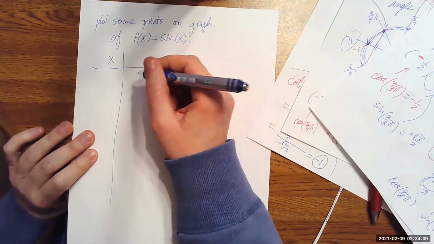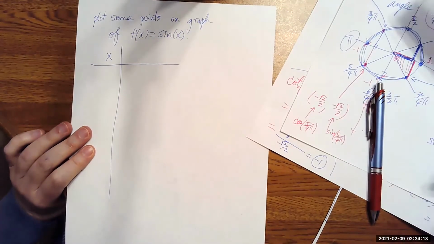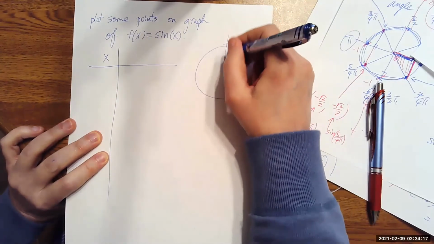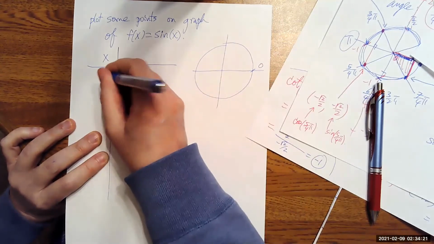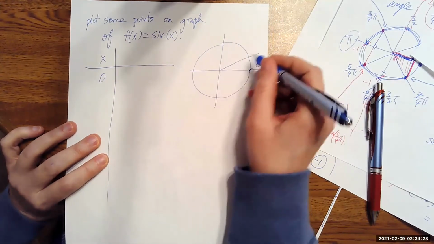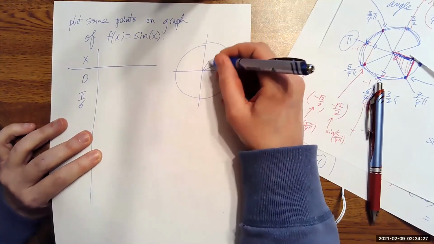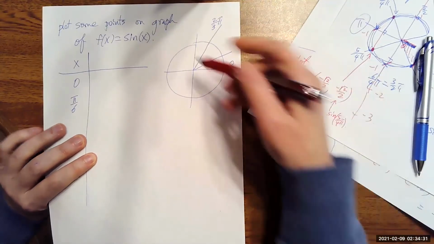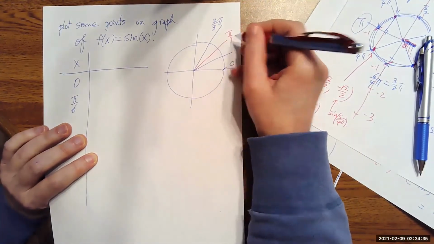So angles we can plug in are angles that we can locate on the unit circle. So 0, and if we go around, we could go to pi over 6. Or an in-between spot would be pi over 4, if we like.